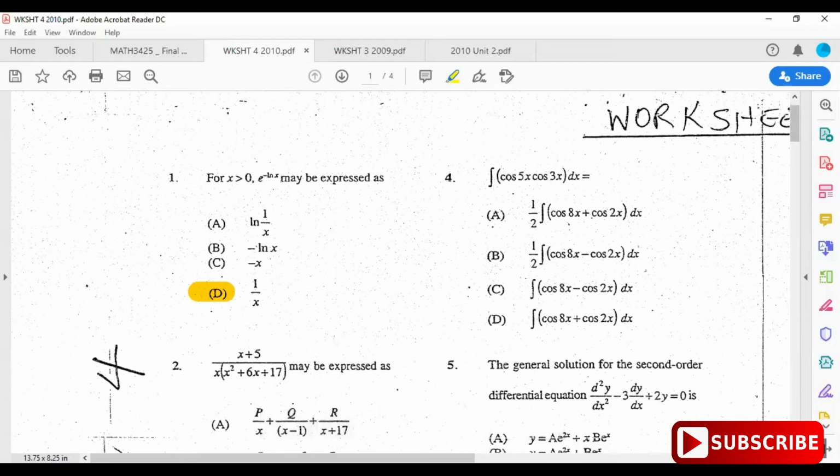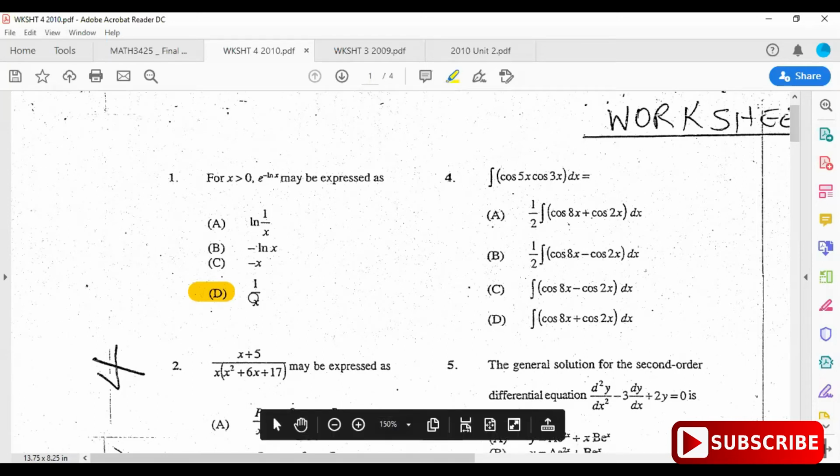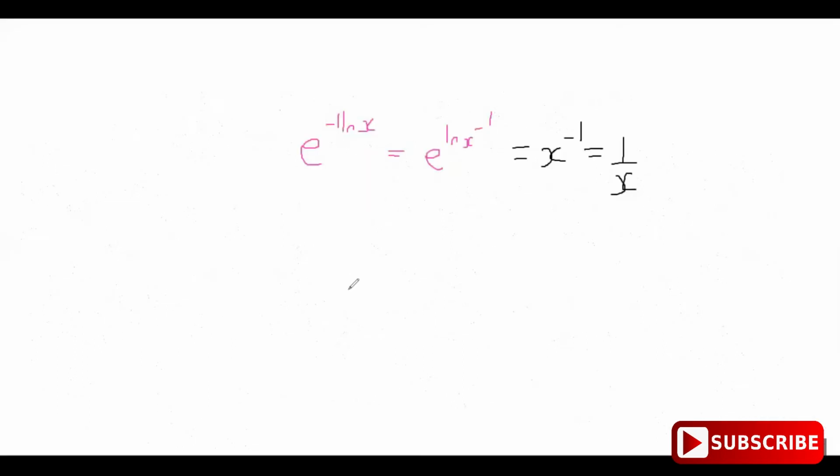And so that's it: e to the minus ln x can be written as 1 over x. I just wanted to write this down. Very important to note that e to the ln of any number a is equal to a. Another thing to remember is a times ln e is equal to a, because ln e is 1.